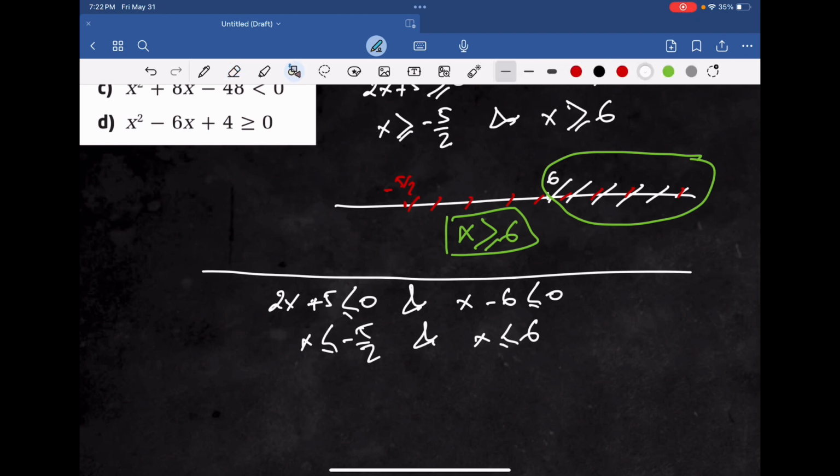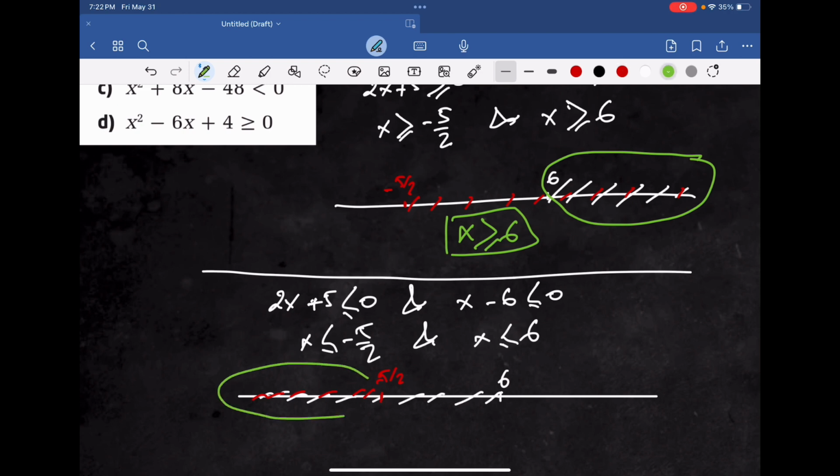This is my 6, so x is less than 6, and x is less than minus 5 over 2. The area that has both of them is this area, so my answer should be x is less or equal than minus 5 over 2.